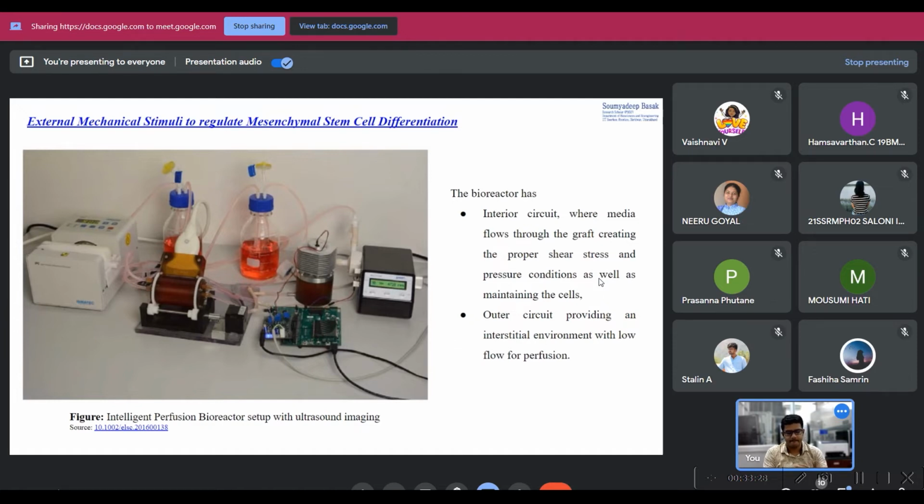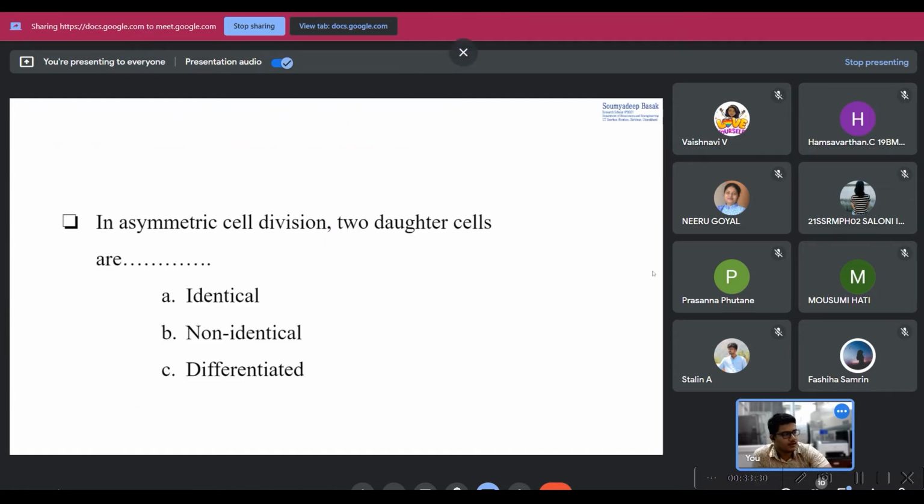Next question: in asymmetric cell division, the two daughter cells are identical, non-identical, or differentiated? It's a pretty straightforward question.